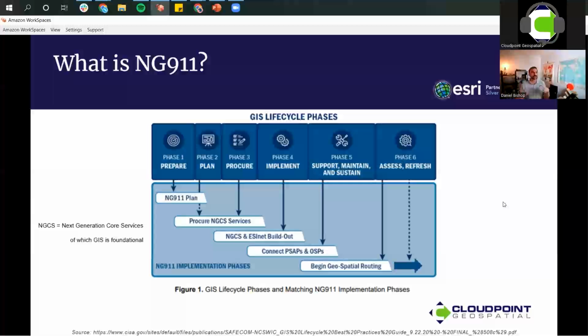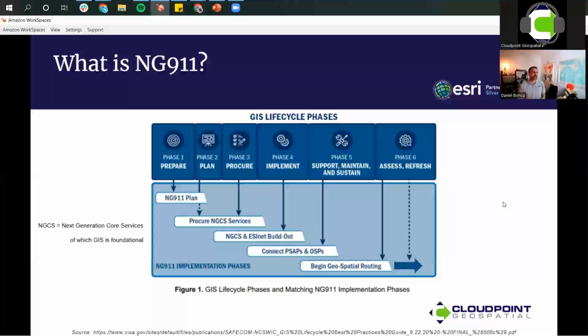And it's kind of a system of systems. Within each individual state, there will be PSAPs that have territorial authority over that data set, specifically the GIS data set.